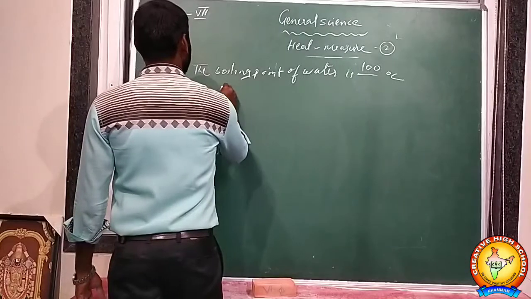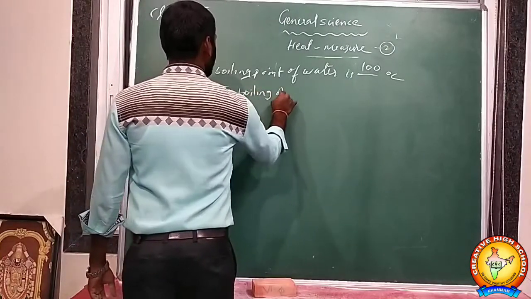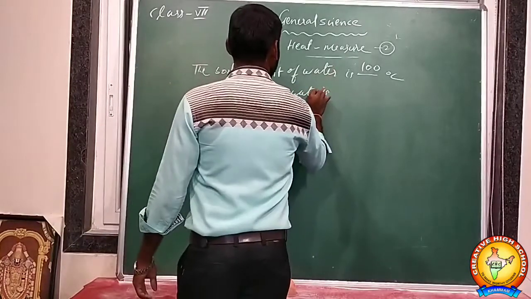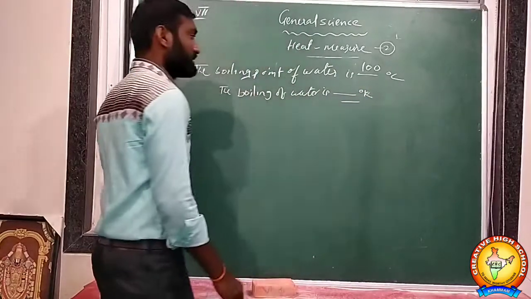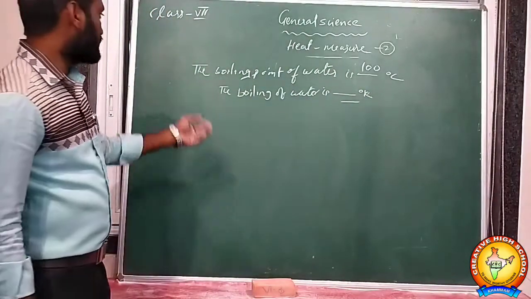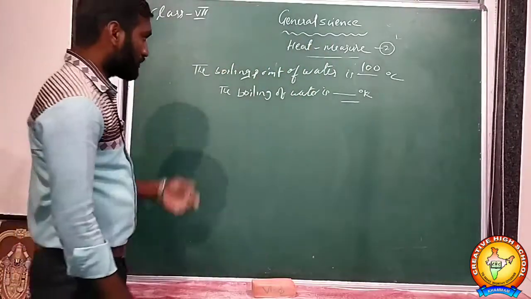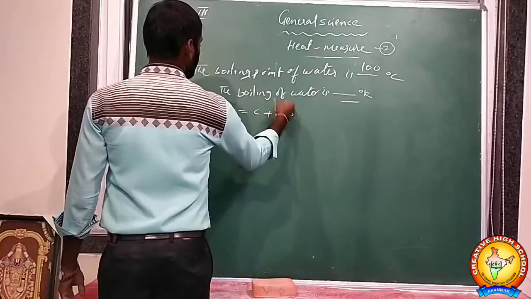The boiling point of water is dash degrees Kelvin. You know Celsius is 100 degrees, but we don't know the Kelvin scale. How can we find it? K is equal to C plus 273 is the formula.